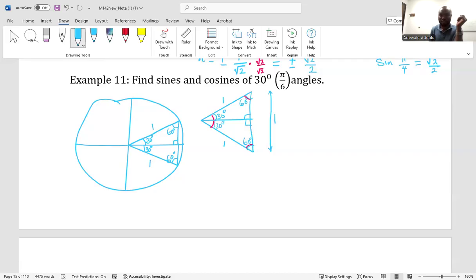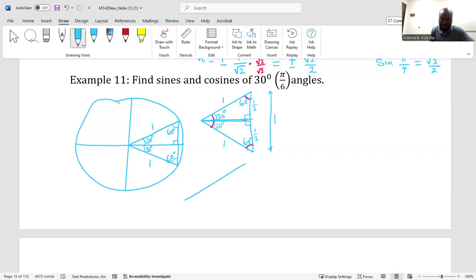Now, since this is dividing that triangle into two, I can say this is half and this is half. 1 half, 1 half.